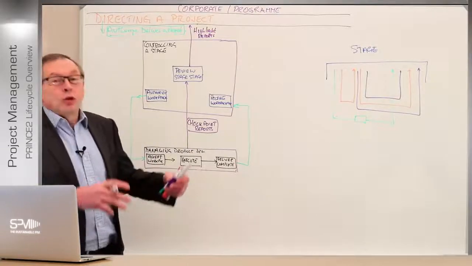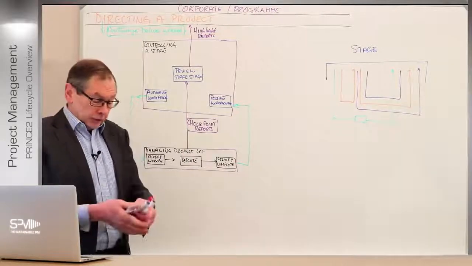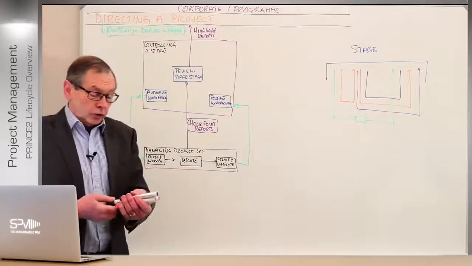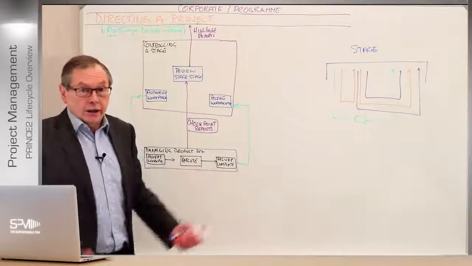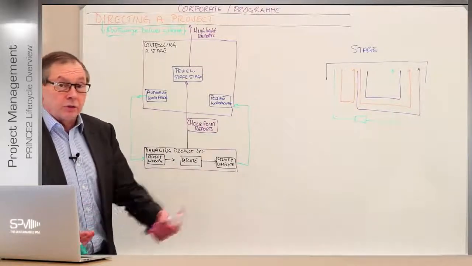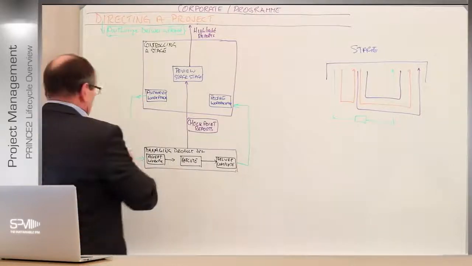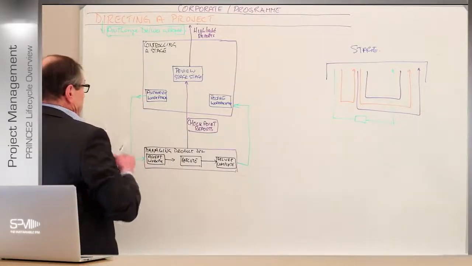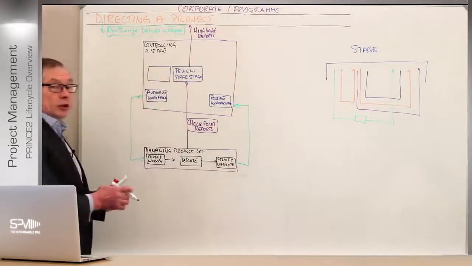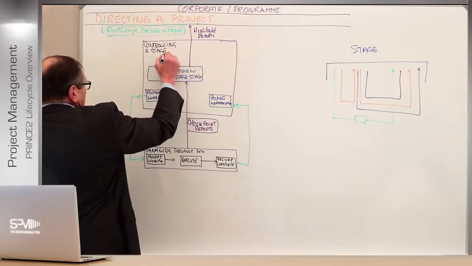Now, doesn't always quite work so easily, does it? Because one of the other points of sitting in that box in here, reviewing stage status, is to look at and track things like risks and issues. There are going to be risks already associated with this particular stage because you know what you're building, and there are certain risks associated with that. So in here, what the project manager is doing, if we get a risk that materializes or an issue that suddenly appears, we'll put in here an issue coming up.